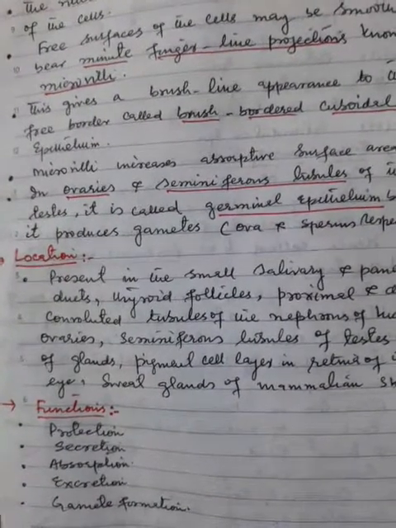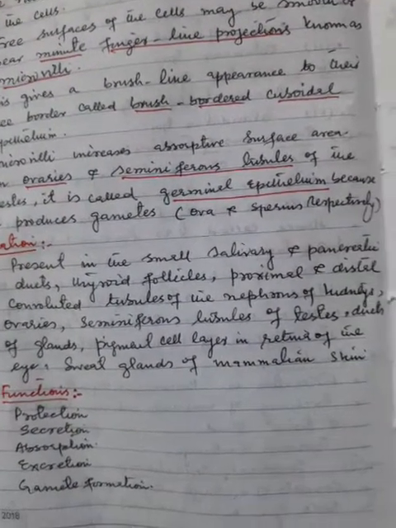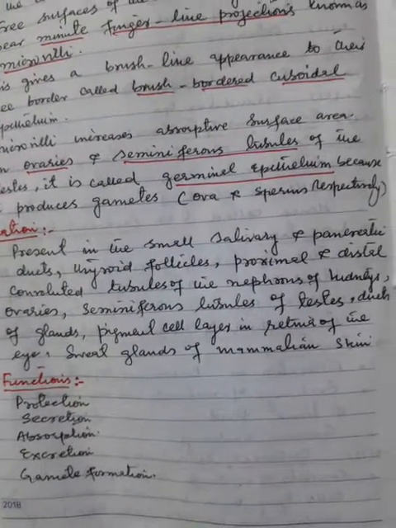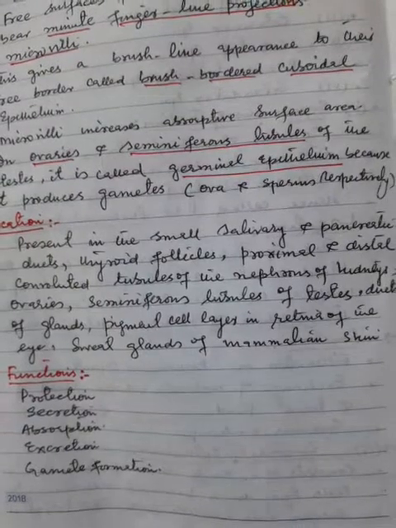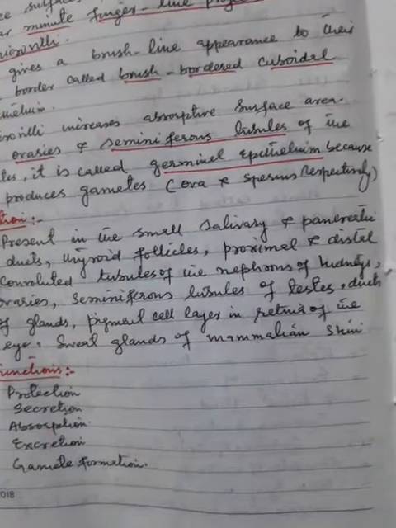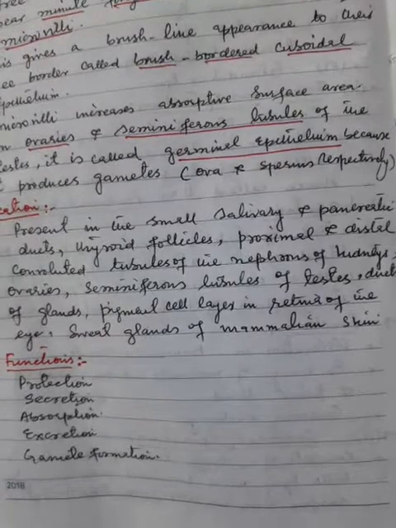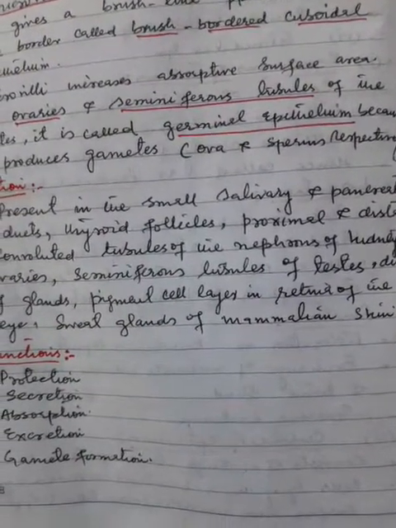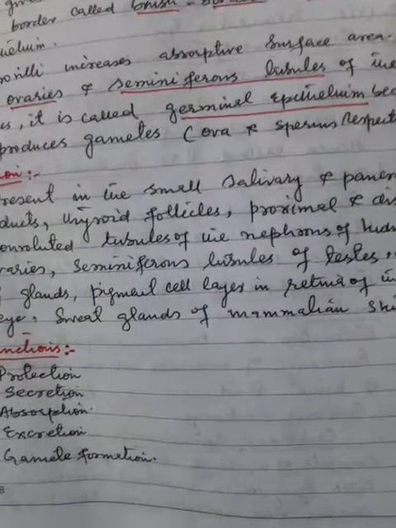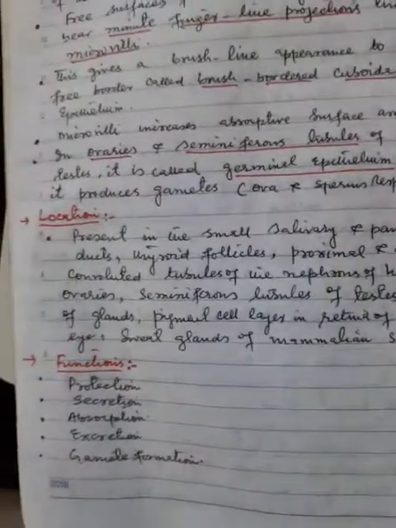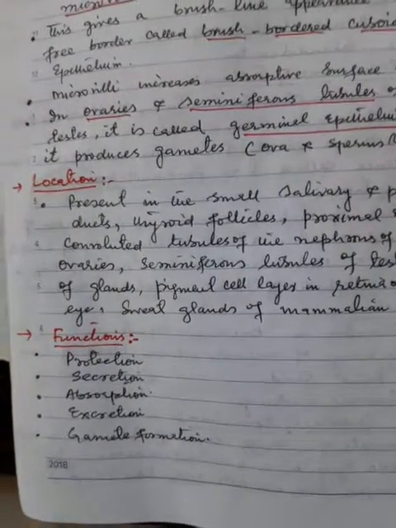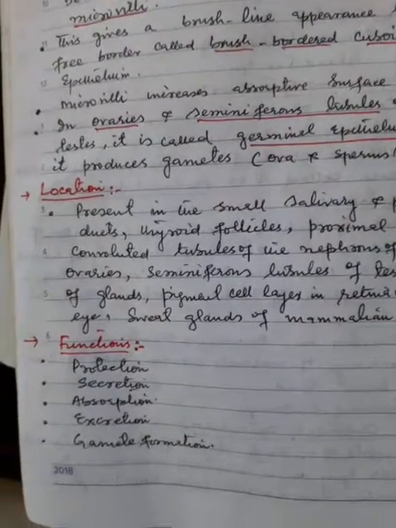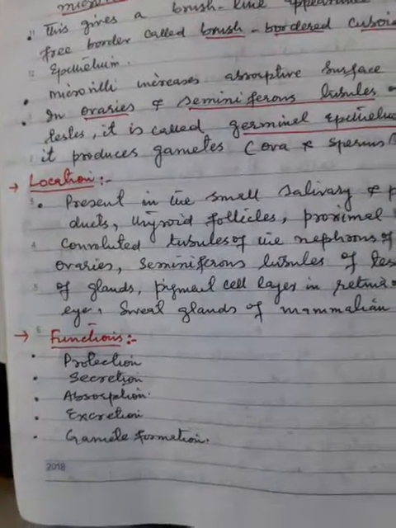Now the location: present in the small salivary and pancreatic ducts, thyroid follicles, proximal and distal convoluted tubules of the nephrons of kidneys, ovaries, seminiferous tubules of testes, ducts of glands, pigment cell layers in the retina of the eye, sweat glands of the mammalian skin. Now the functions. Functions include protection, secretion, absorption, excretion, and gamete formation.